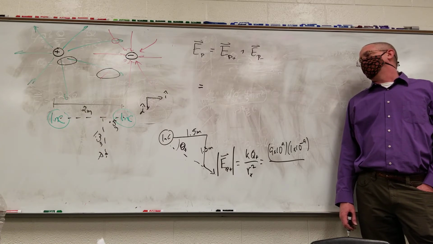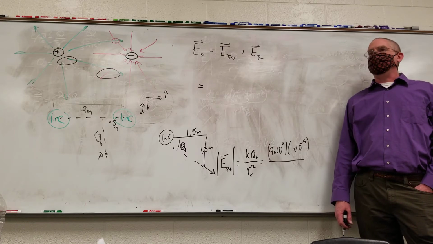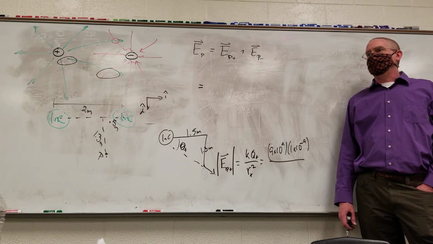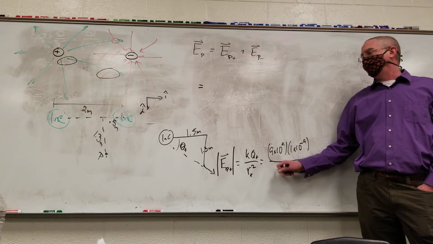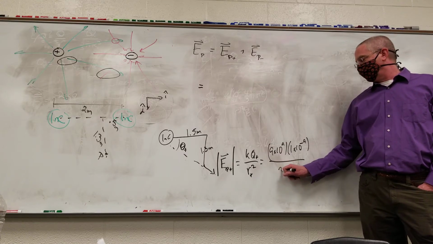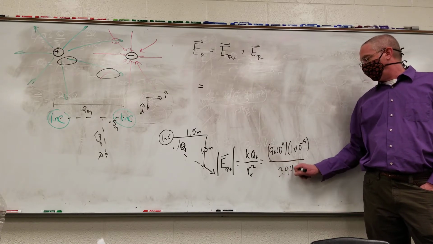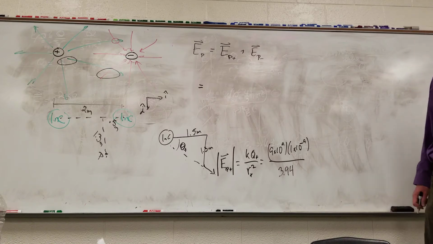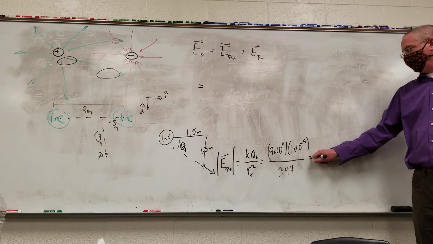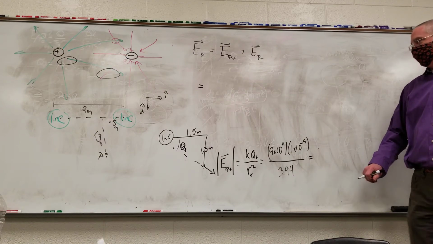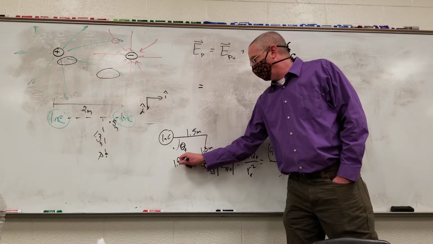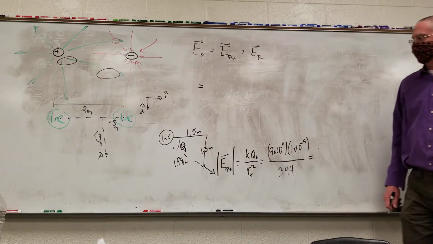So somewhere around, that was 2.14. What is it? 3.94. R squared is, oh, that's right, I forgot to square it. 3.94, yes, so I guess a little bit under 2. It's like 1.98. So R is 1.98 meters, because I've made this huge.